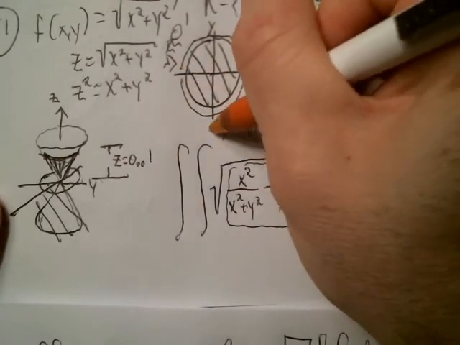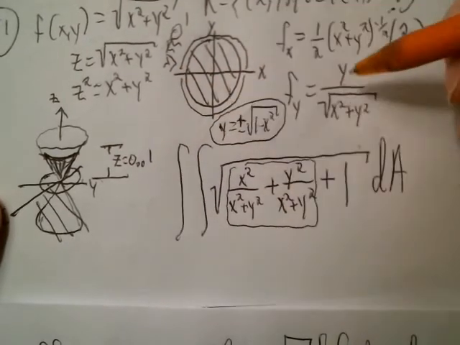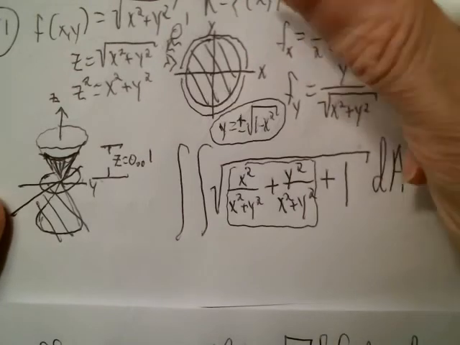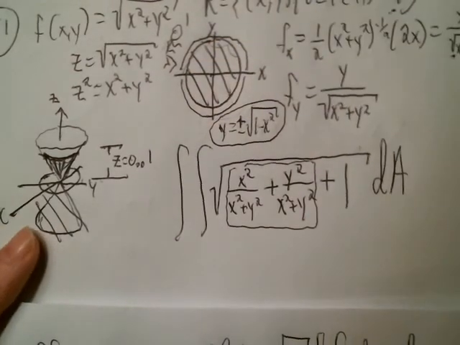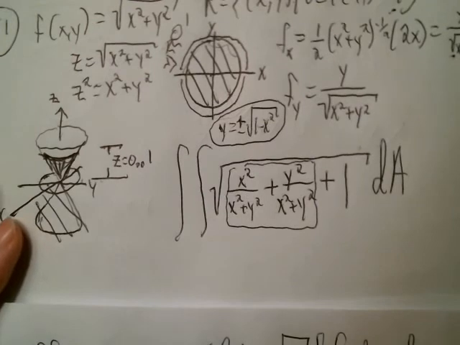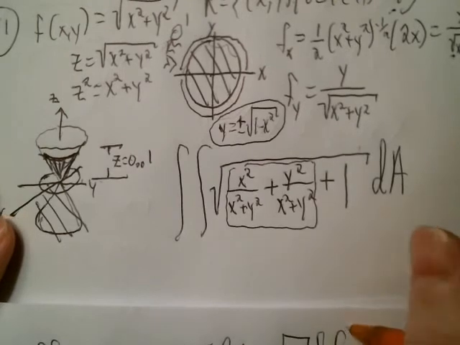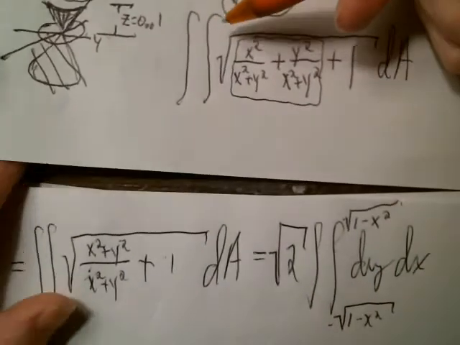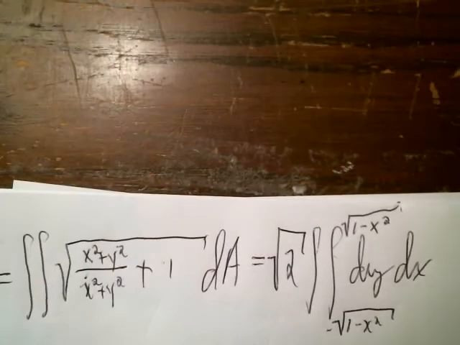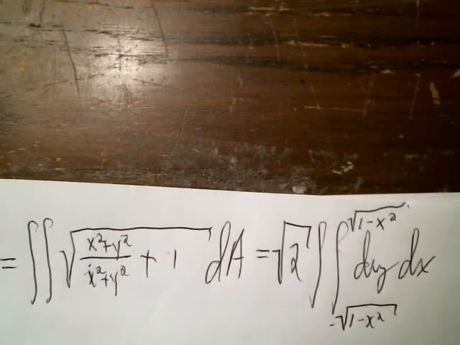That's the equation for the circle, the top and the bottom parts. So y goes from the negative square root of 1 minus x squared to the positive square root of 1 minus x squared. And then the Riemann man is going from negative 1 to positive 1.